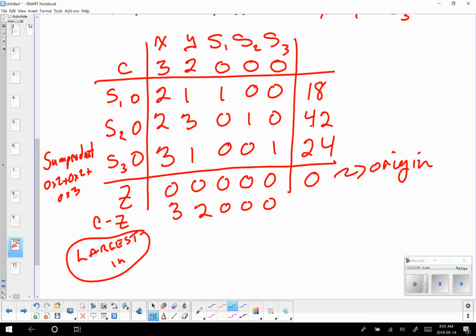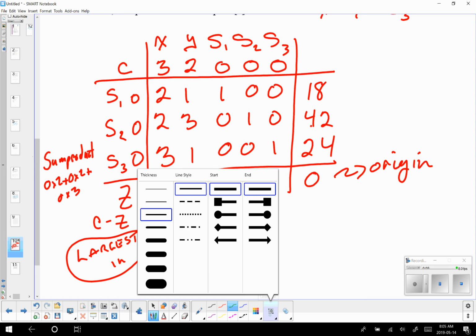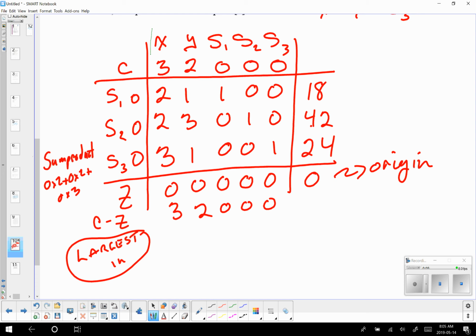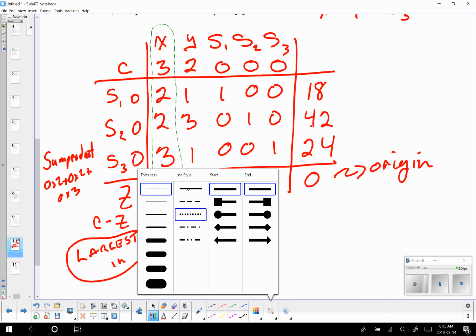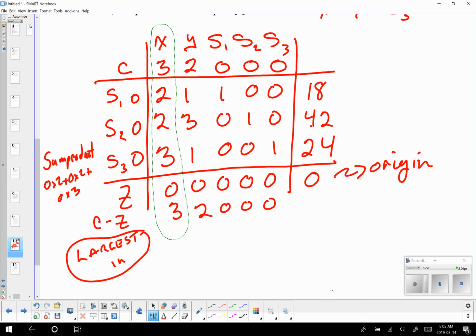That's going to be this one, and I'll dot that. And then we're going to divide each of these by what's in what I call the cloud.